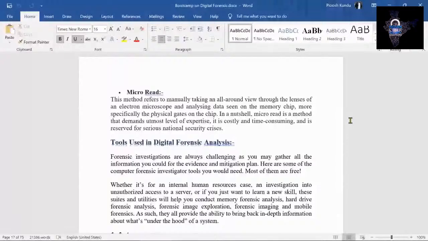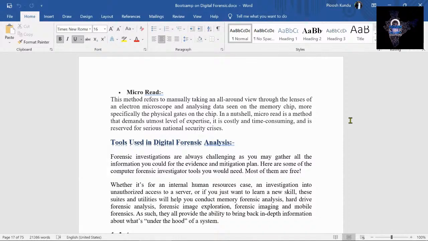These suites and utilities help you conduct memory forensic analysis, hard drive forensic analysis, forensic imaging, and mobile forensics.